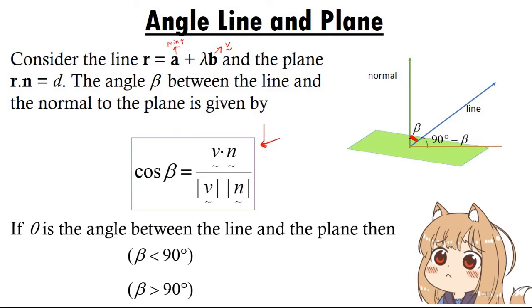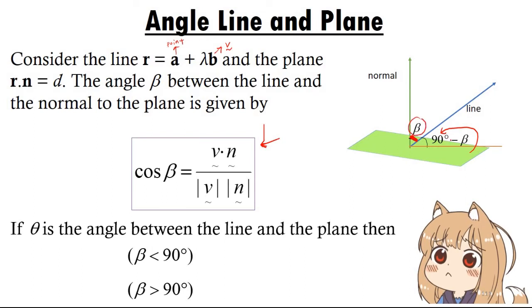Kita akan dapat hijau ke biru. Masalah sekarang ni, saya bukan nak degree normal dengan direction vector tu. Saya nak degree direction vector dengan plane saya. Saya nak yang ini punya degree. Tapi yang saya dapat yang beta ni.